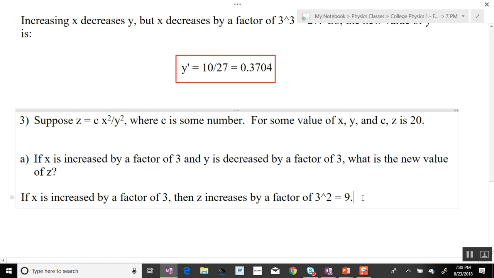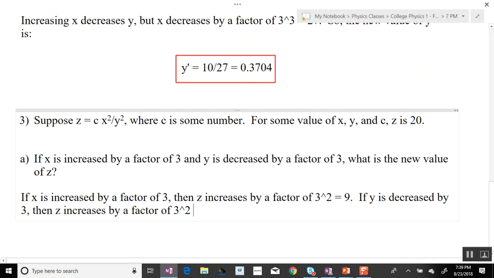Everyone gets that part so far? Now you got to look at y. y is in the denominator, so if we decrease y, what happens to z? It increases. So if y is decreased by 3, then z increases, because they're inverse, by a factor of 3 squared.